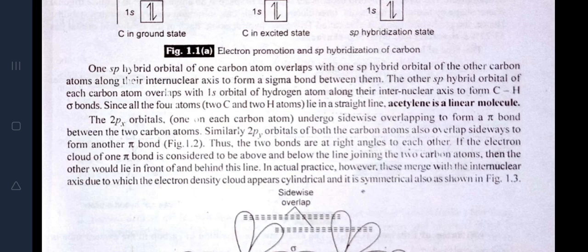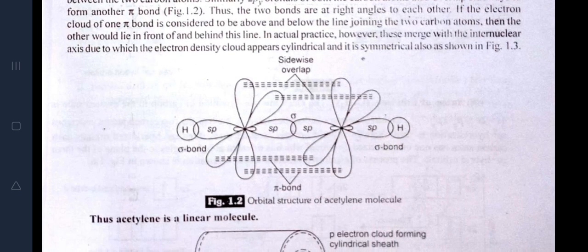If the electron cloud of one pi bond is considered to be above and below the line joining the two carbon atoms, then the other lies in front of and behind this line. In actual practice, however, these merge with the internuclear axis, due to which the electron density cloud appears cylindrical, and its symmetry is shown in this figure.